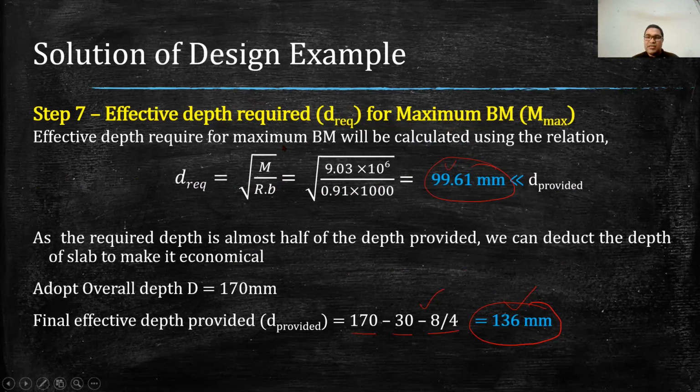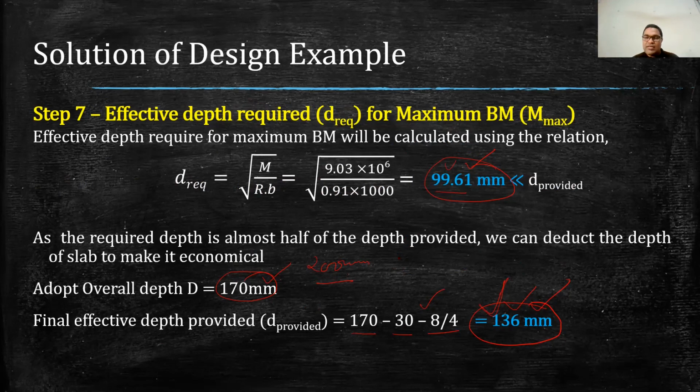So here it is clarified that the required depth for bending moment is 99.61. But what we have done is we have reduced the depth that we have provided and are getting the value of D provided as 136 finally. So now in all our calculations, we will be using this value 136 mm. Now you may question that we have decreased the depth, then what about the load that we have calculated based on the 200 mm depth? Now here I would say that we have two options.